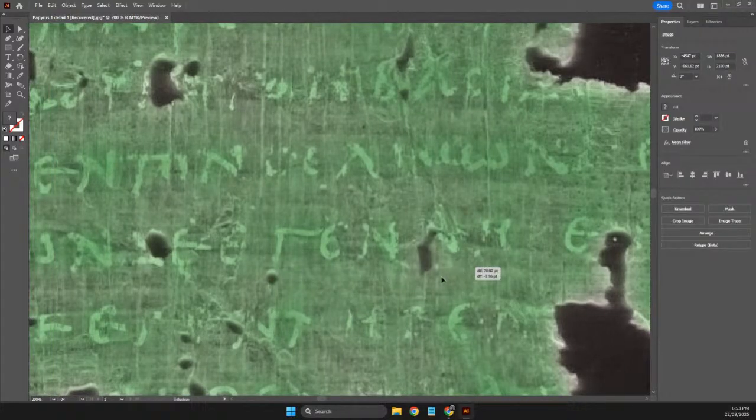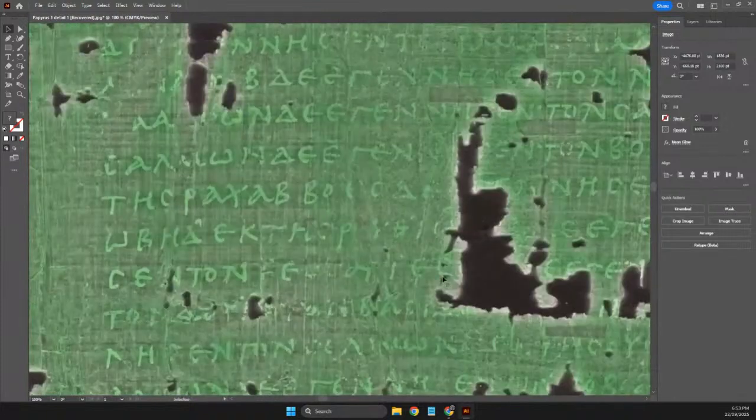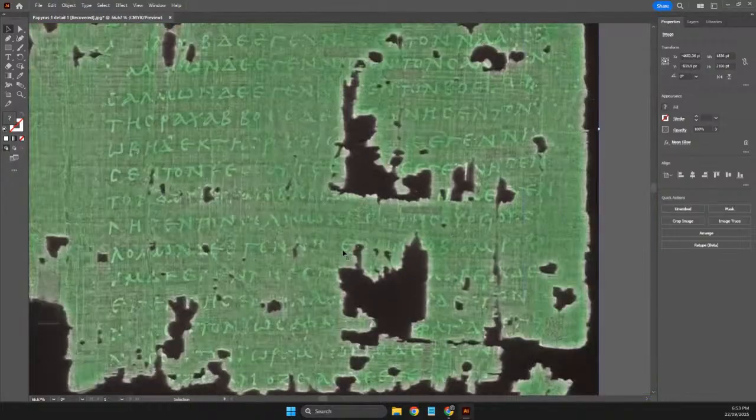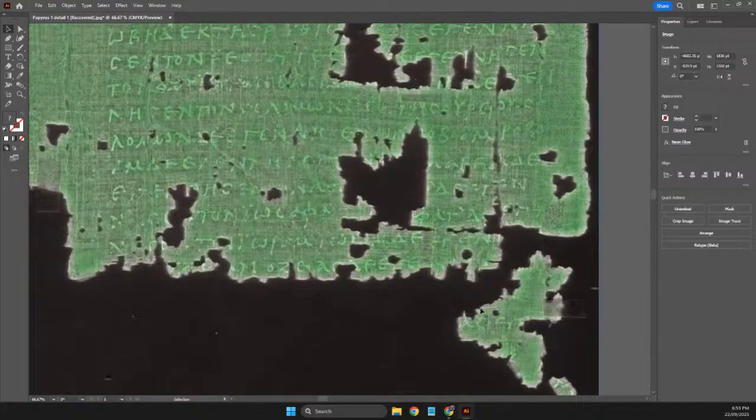Okay. Let's zoom out a little bit. Solomon. It does look like an E there. Yeah, that was the meme and the epsilon there. And it seemed to have a line above it. It does look like something there as well.